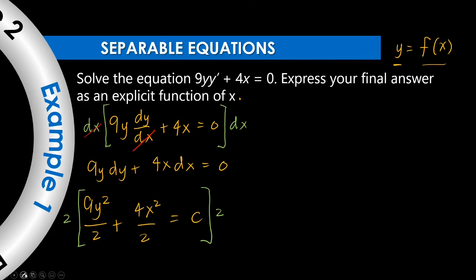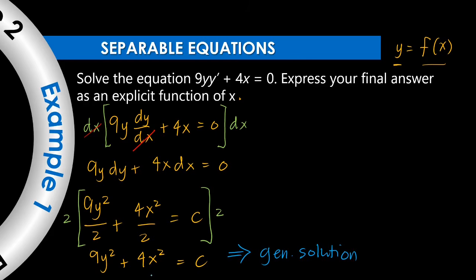That's the simpler way of expressing your final answer. So we will get 9y squared plus 4x squared equals c. Now finally, this is our general solution. So we have 9y squared plus 4x squared equals a certain arbitrary constant c.